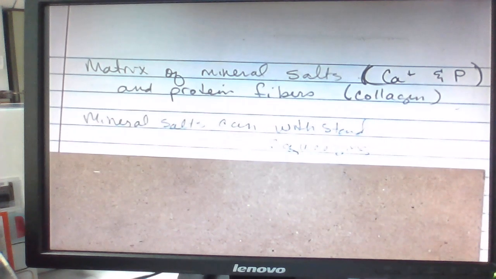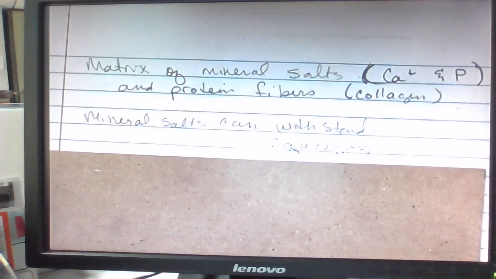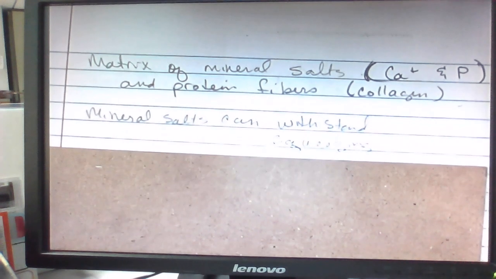That's hard stuff. It's not squishy. So the mineral salts that are part of the compact bone's matrix give it strength to be able to withstand compression or squeezing pressures.